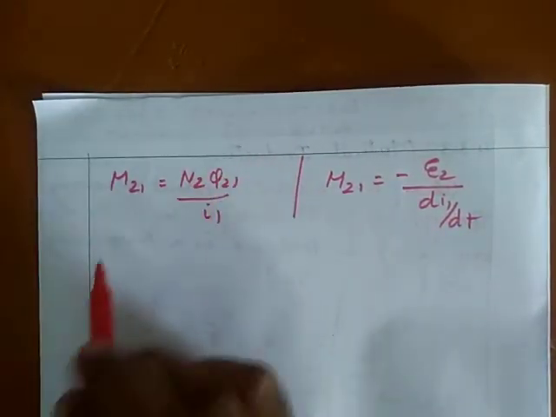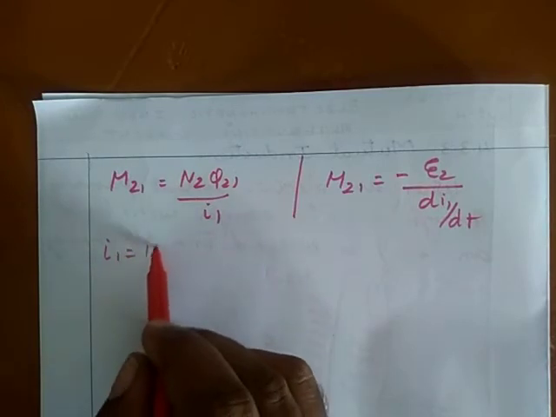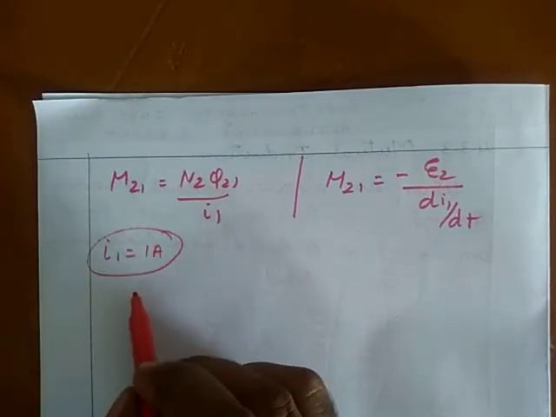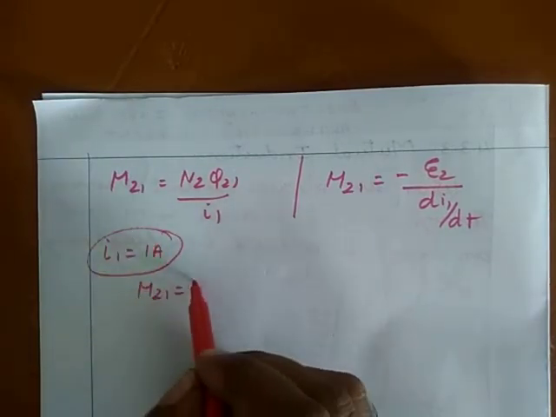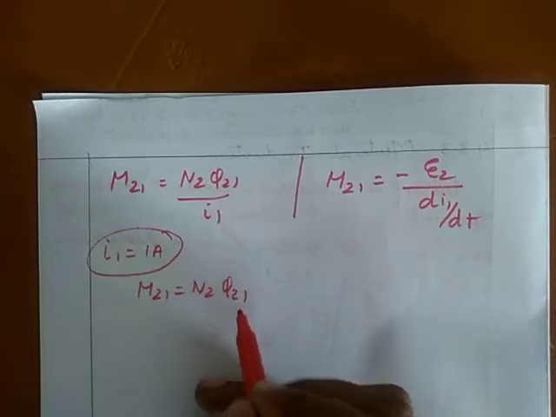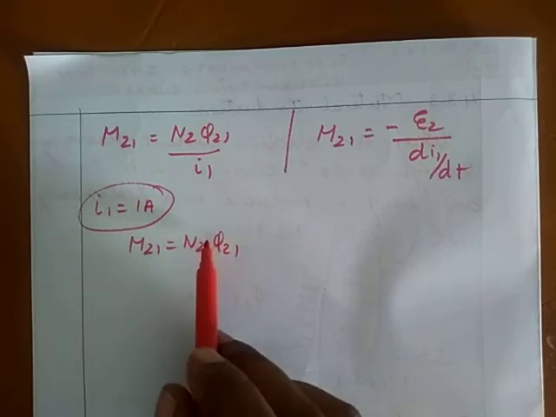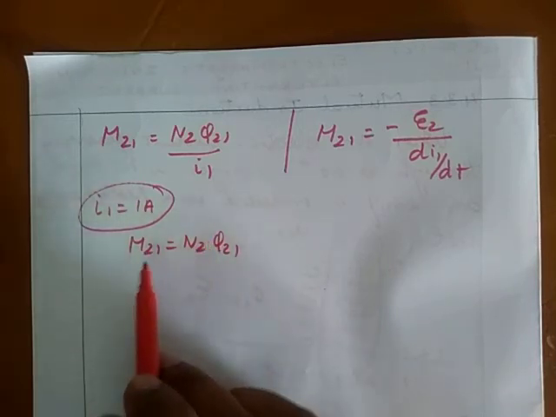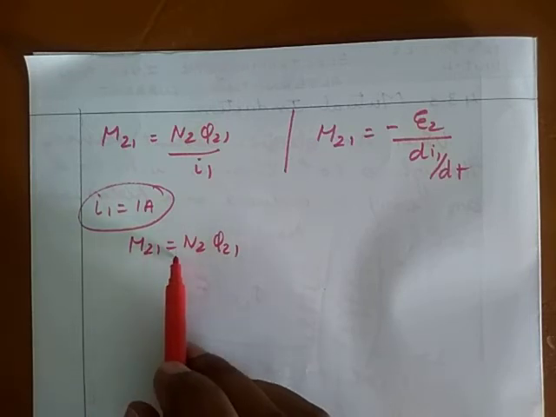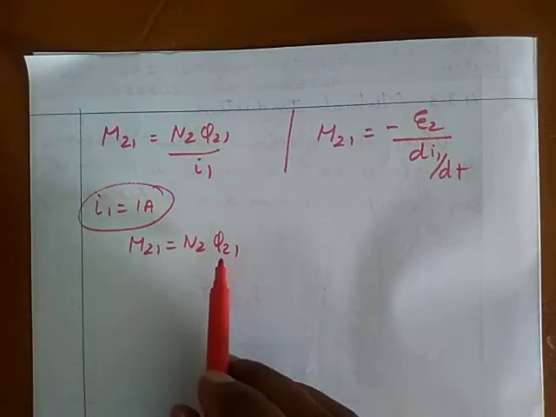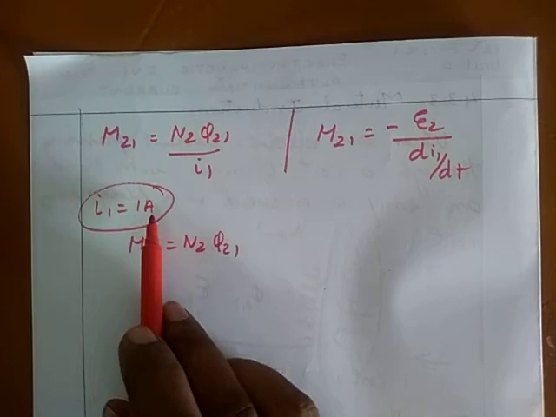For this expression we put I1 is equal to 1 ampere, then we get M21 is equal to N2 phi 21. We need to know this one is total flux linkage. Okay, we can state this one as mutual induction of the coil 2 with respect to coil 1 is equal to net flux linkage when 1 ampere current flowing through the coil 1.